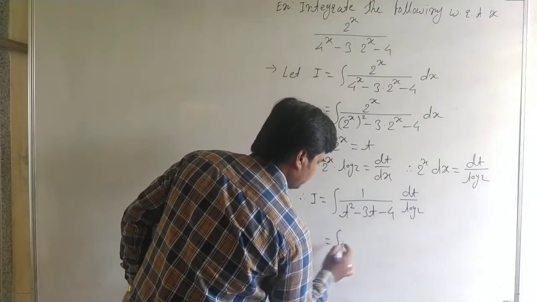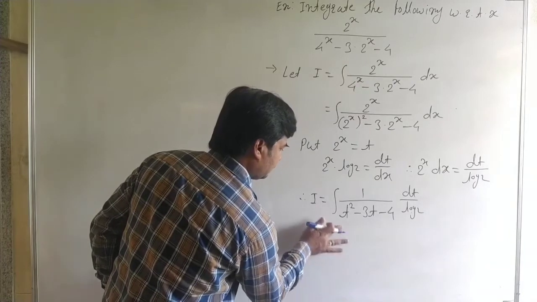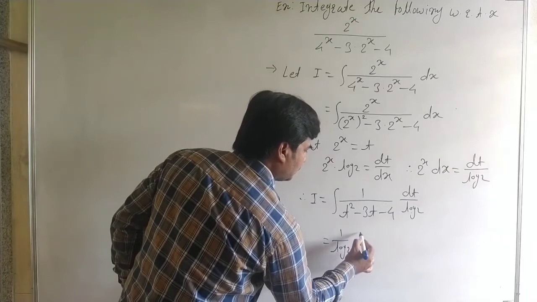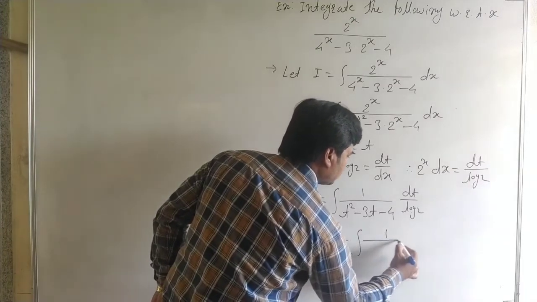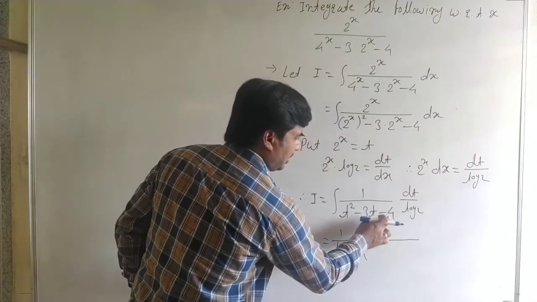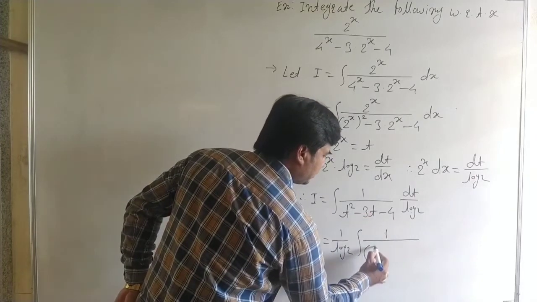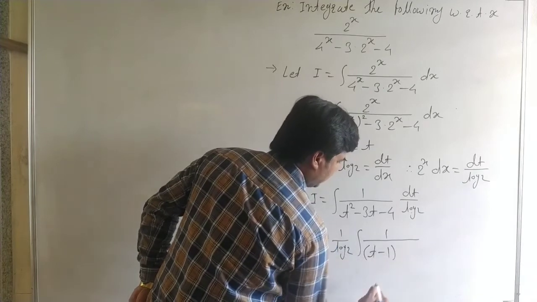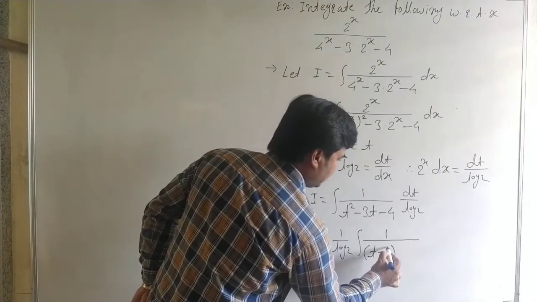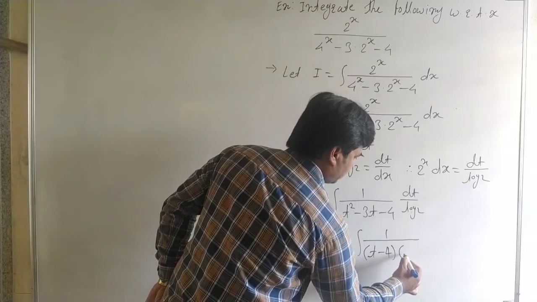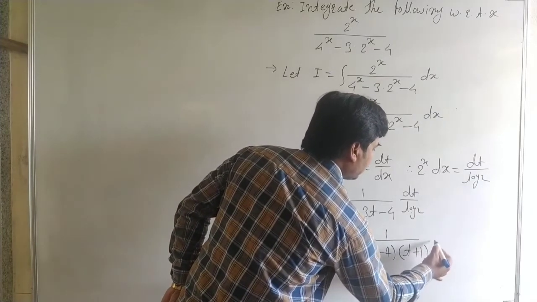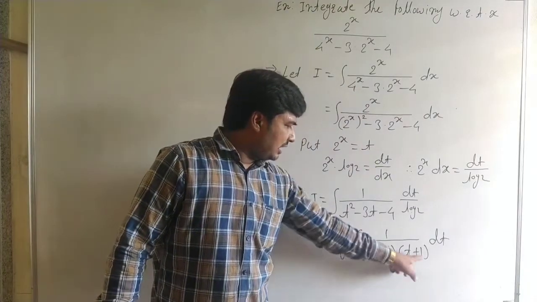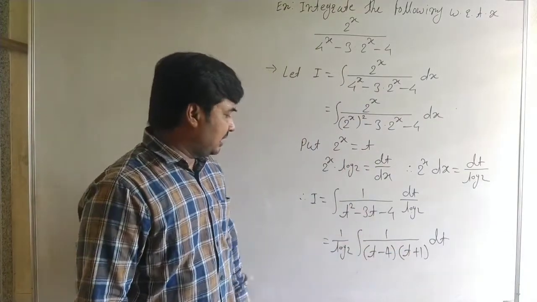Then it is 1 by log 2 into integral of 1 upon, here multiplication minus 4, addition minus 3, therefore, sorry, it is 4 and 1, t minus 4 and t plus 1 dt. See carefully, multiplication minus 4 and addition it is a minus 3. Here these are the factors.